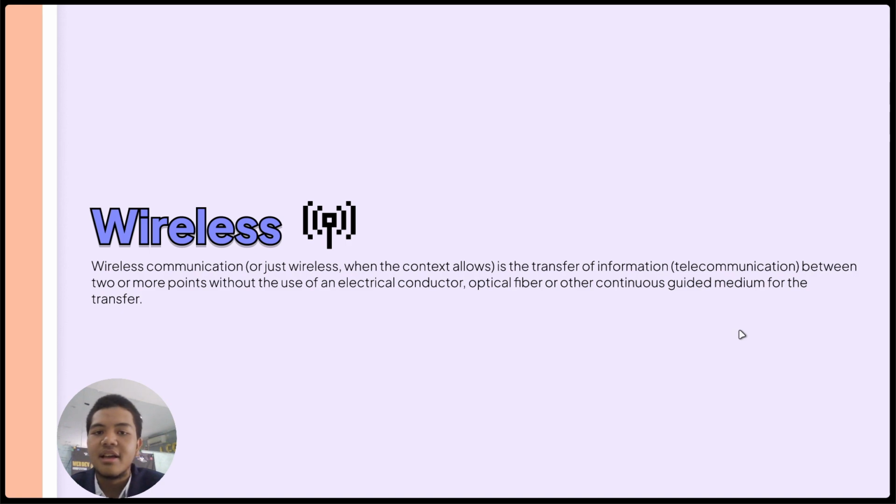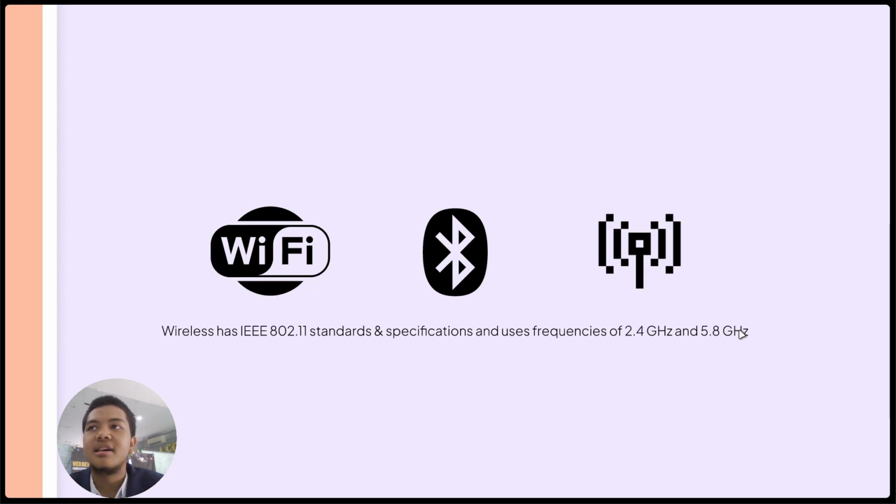Wireless is used if you don't want to set up cables and plug into your laptop with a USB cable or Ethernet cable. Wireless solves the problem if you're lazy to set up the cables. I will show you examples of wireless.